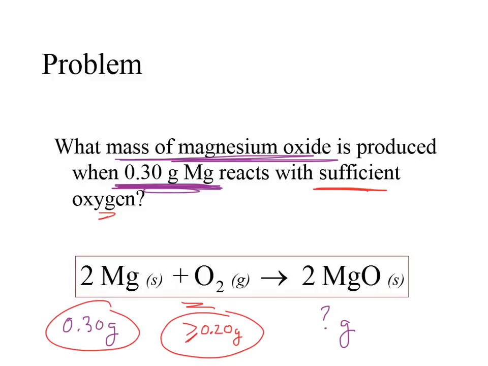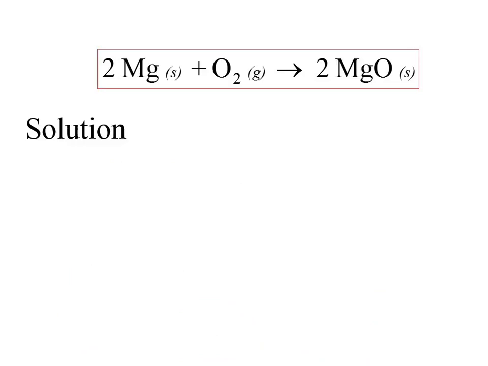But that's not the point. The point here is we're going to go from grams of Mg to grams of MgO. Let's think of bingo, B-I-N-G-O, MgO. So if I were to diagram this, kind of like we did before, we're going to go from grams of Mg to moles of Mg, and how do we do that? How do we go from grams to moles? You guys know.